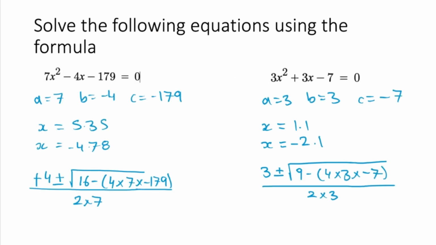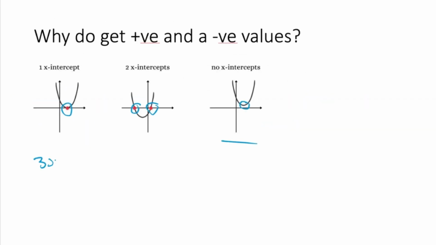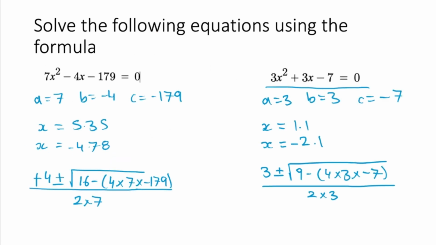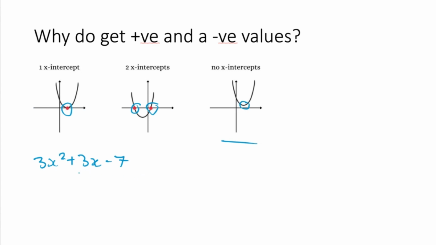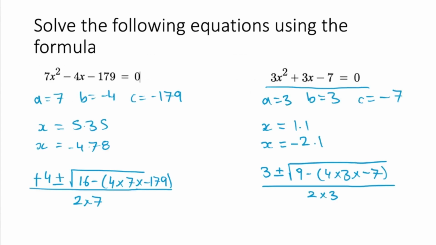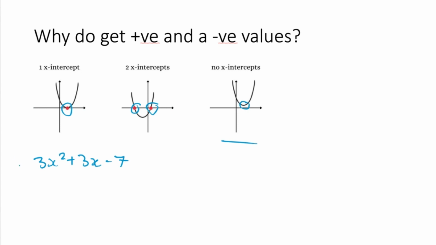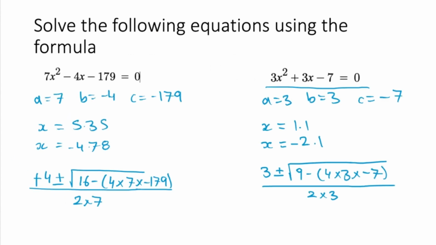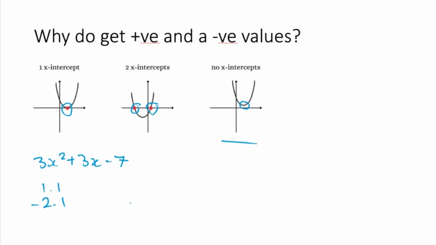So for example, if you go back to this equation, 3x squared plus 3x minus 7, I think that's the right one. We got two values for this, 1.1 and negative 2.1. So when you draw the graph for this, there will be two intersections.